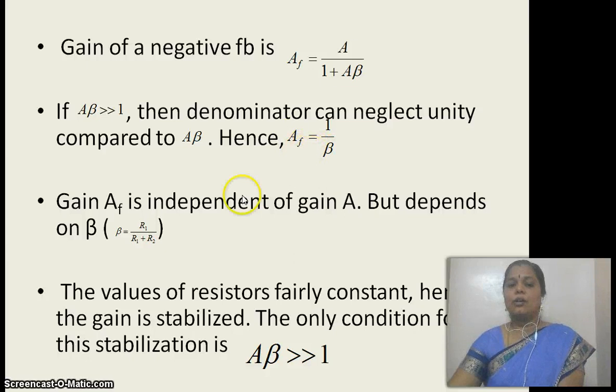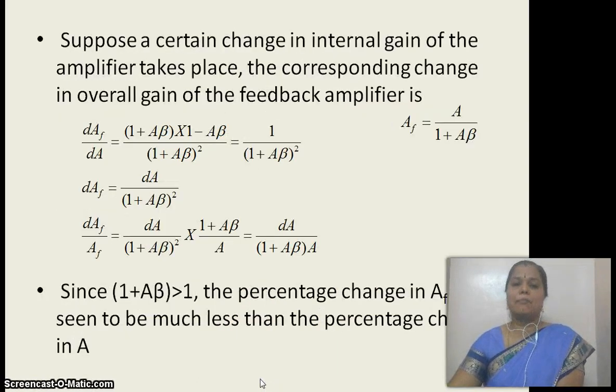So the main and simple condition to achieve the stability is A beta much greater than 1. This is the condition for which the gain stability is achieved in negative feedback amplifiers.